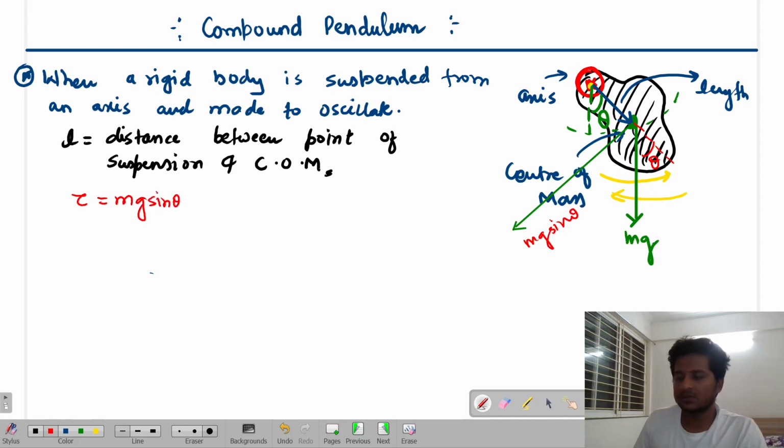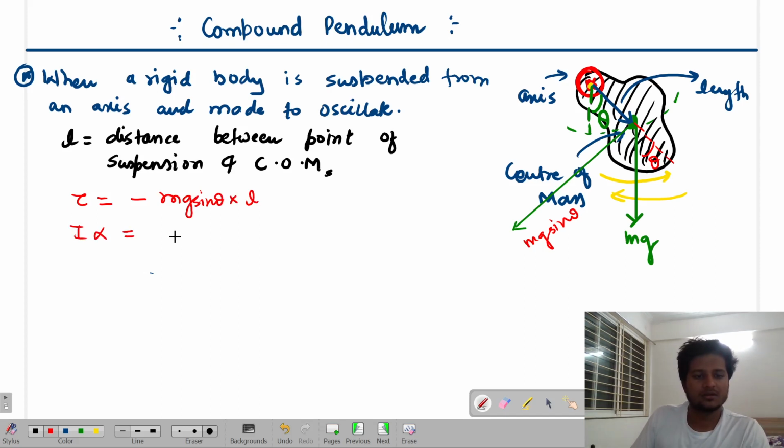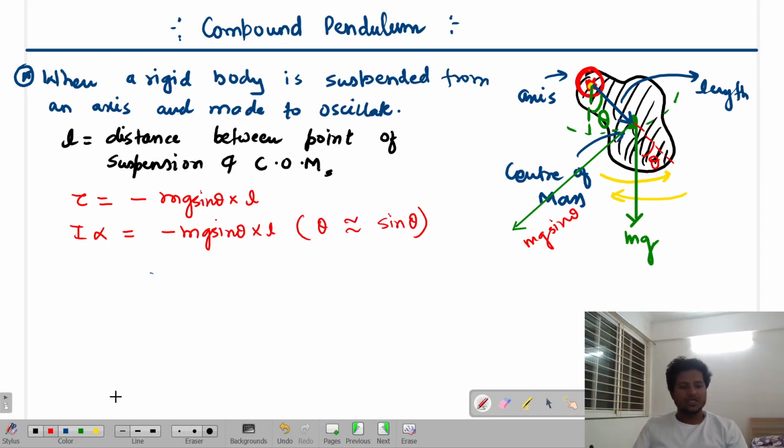Okay. Sorry, mg sin theta, that's my torque. Torque is equal to r cross F, so minus mg sin theta into length L. Torque is I into alpha once again. Minus mg sin theta into length L. And since theta is small, theta is similar to sin theta.